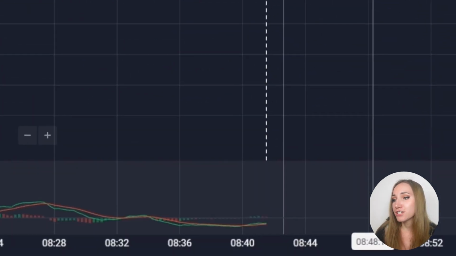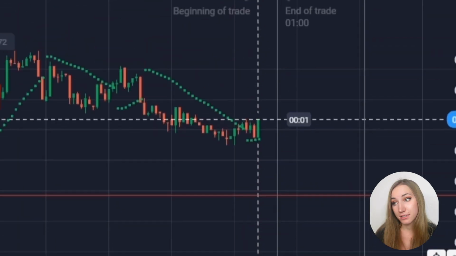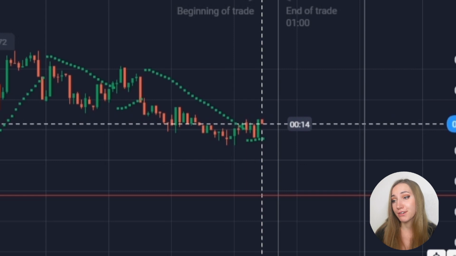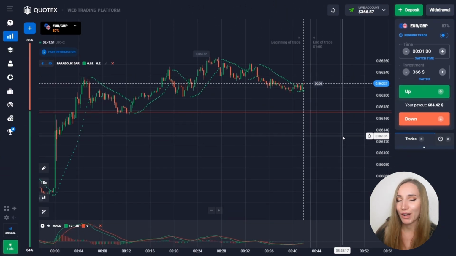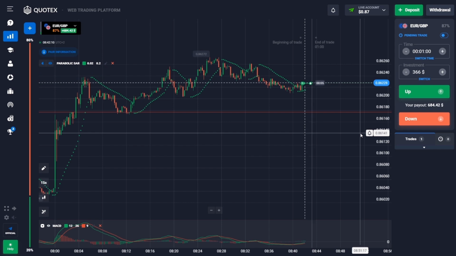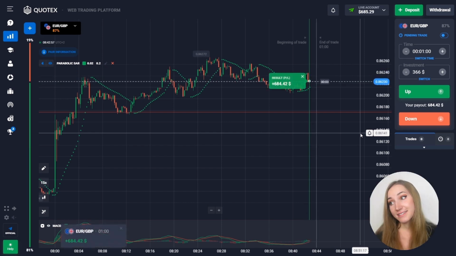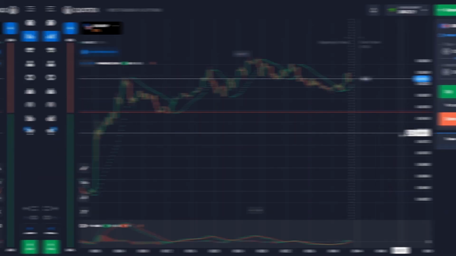The MACD indicator shows the moving averages intersecting from bottom to top. Parabolic dots are appearing under the chart and very close to it. It is a very good signal from both indicators to open a trade up for 1 minute. Let's check what's going to happen here. It is very interesting because price went up and I got my profit.